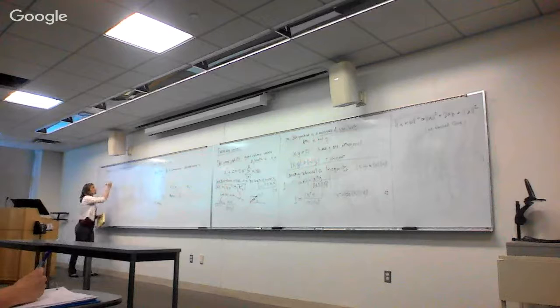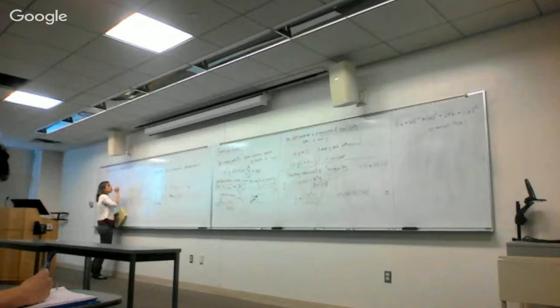So what we've said is that there has to be n rows and d columns.